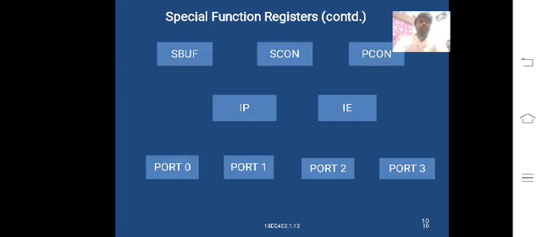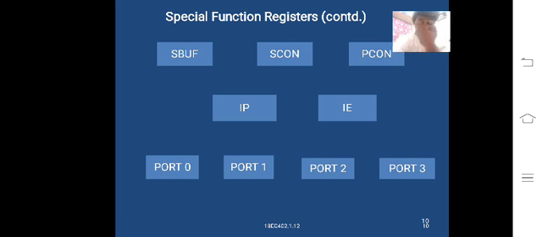And also some important serial port registers, interrupt control registers and parallel input output registers are in the form of blocks: SBUF, SCON, PCON, serial buffer, serial control and power control.